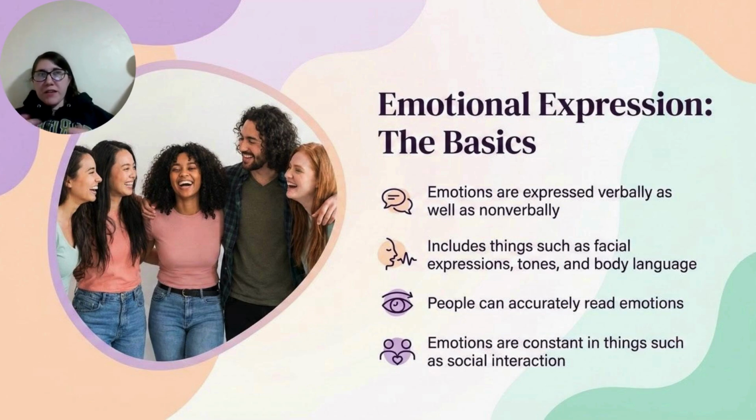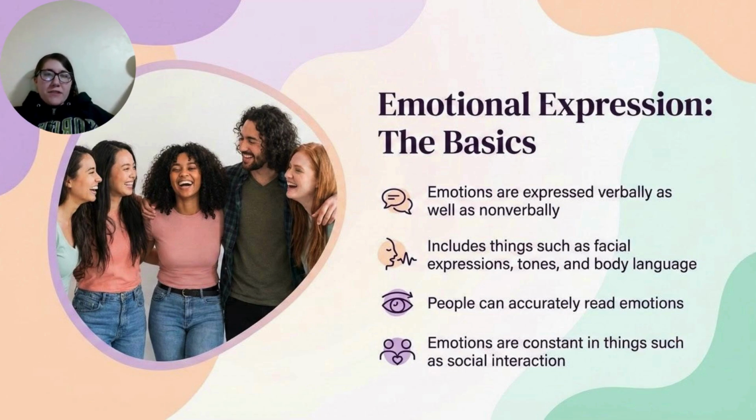So verbally can be like how in the video I, as the child, was speaking to you how I was feeling. And then non-verbally would be the position of my body, like crossing my arms or getting up and storming away. And these include things such as facial expressions, tone, and body language, as just described.